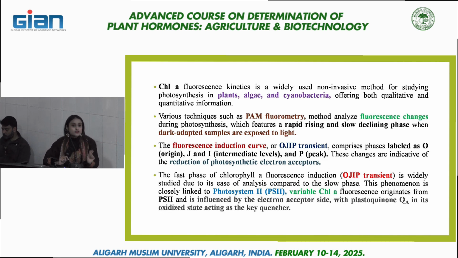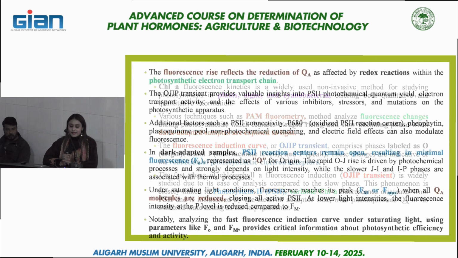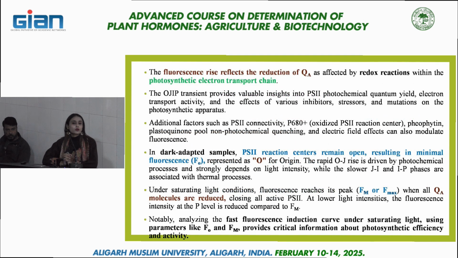Here plastoquinone, or QA, acts as a quencher when it is in its oxidized state. The fluorescence rise reflects the reduction of quencher QA, or plastoquinone A. Whenever there is a rise in fluorescence, plastoquinone reduces itself, and this affects the redox reactions and the photosynthetic electron transport chain.